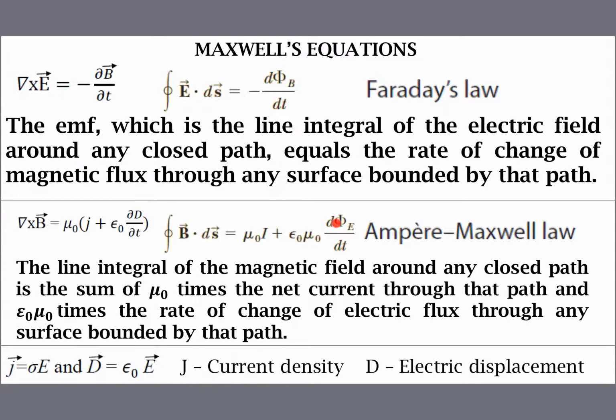So the product of epsilon naught, mu naught, and the changing electric flux, in addition to the product of permeability and the electric current, gives us the creation of magnetic field. So this is also the differential version and the integral version.